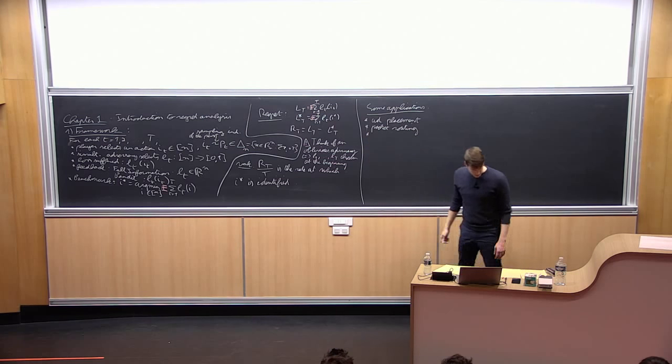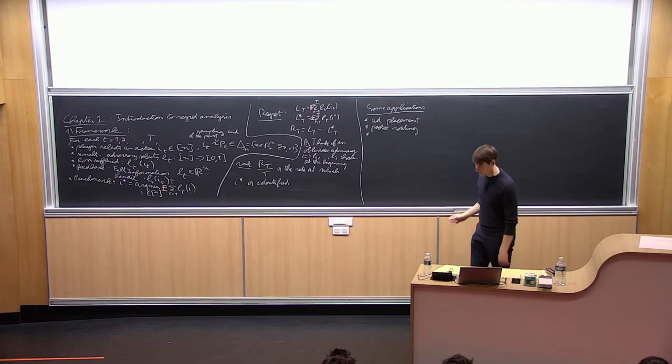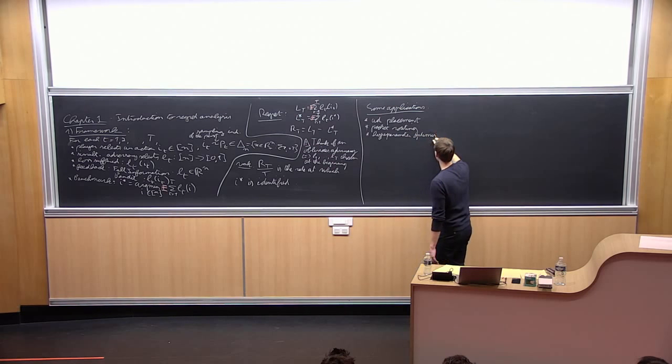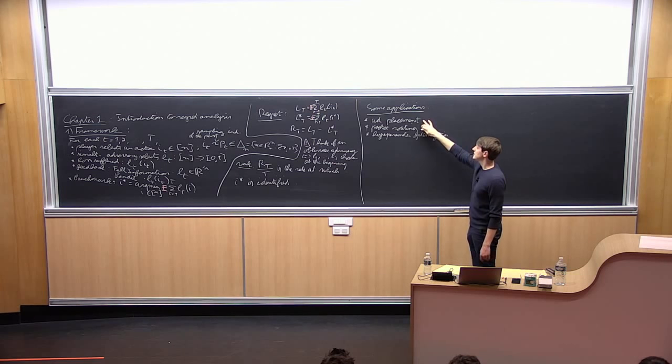Let's see, which other application do I want to tell you about? Oh, yeah, of course, hyperparameter optimization. This is a really popular one. And here I should say, in both of these, it makes sense to not make an IID assumption, right?